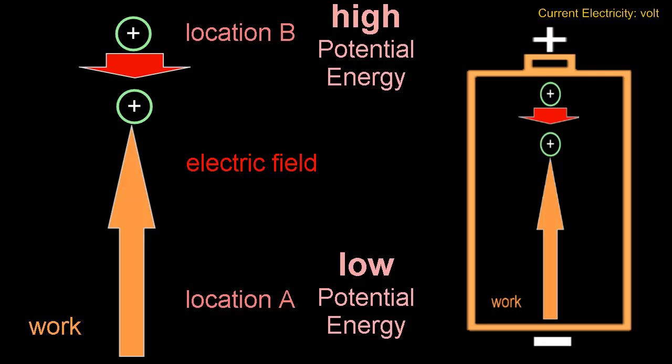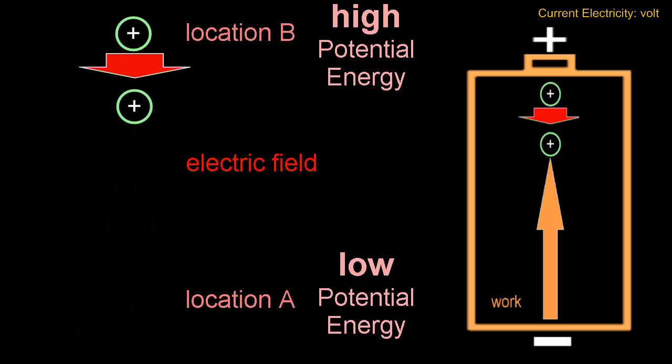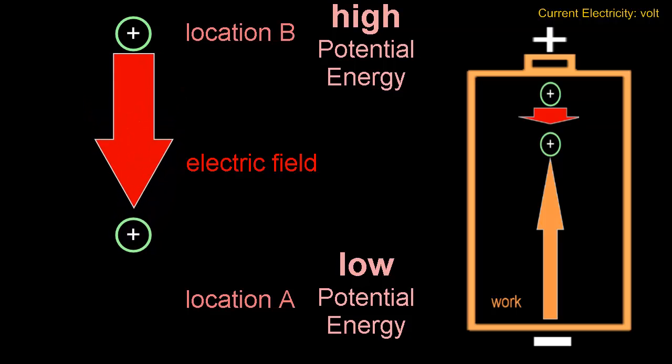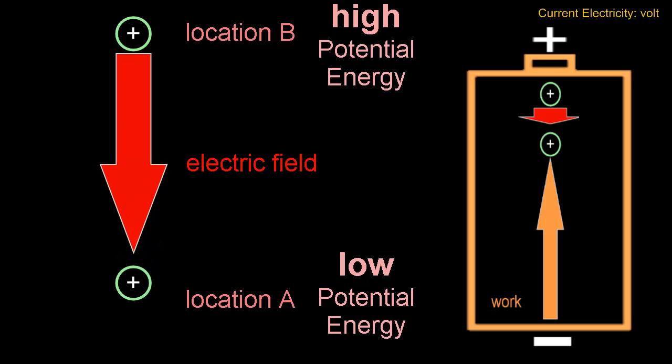But what would happen if we stopped doing work? Just like the stone in our gravity example, the positive charge would move naturally from a position of high potential energy at location B to a position of low potential energy at location A.